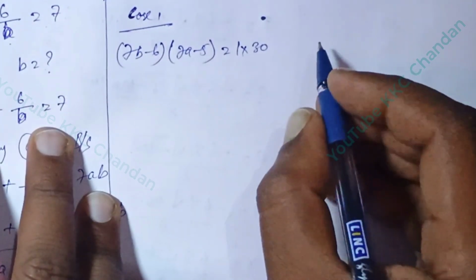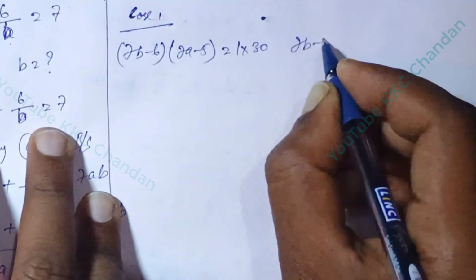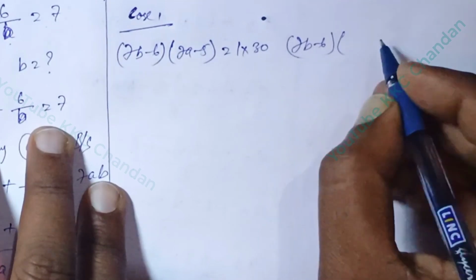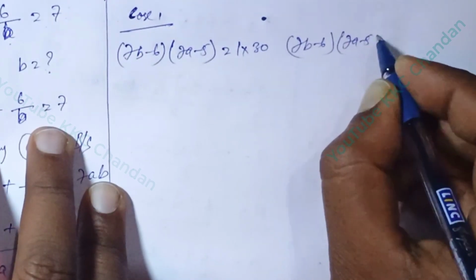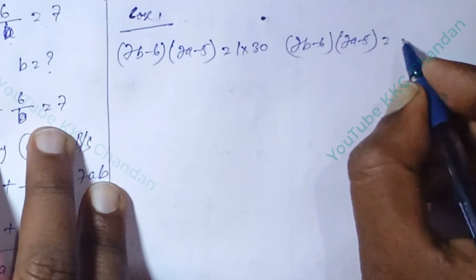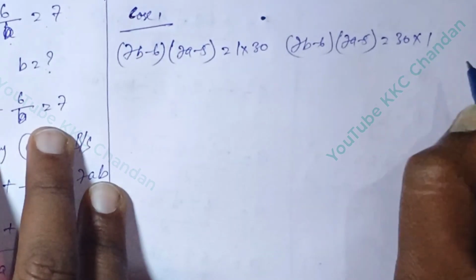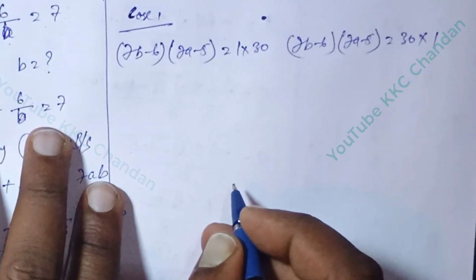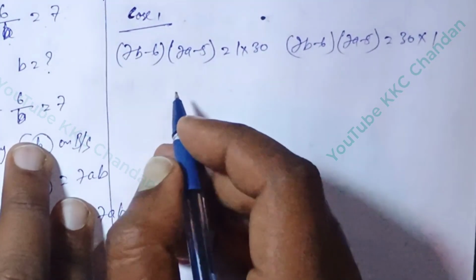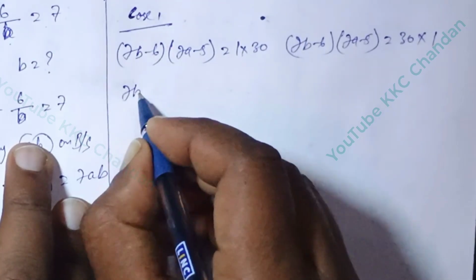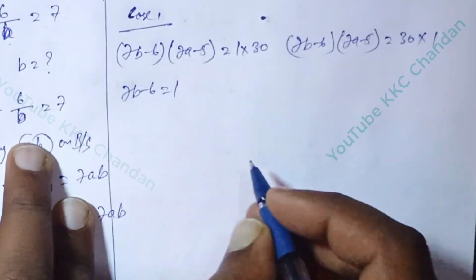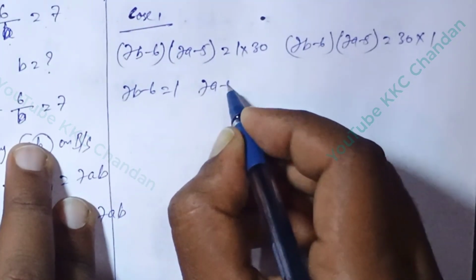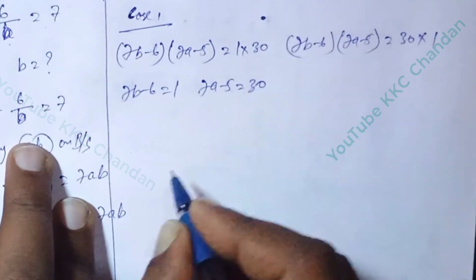Second, 7b minus 6 into 7a minus 5 is equal to 30 into 1. Next step, 7b minus 6 is equal to 1, 7a minus 5 is equal to 30.